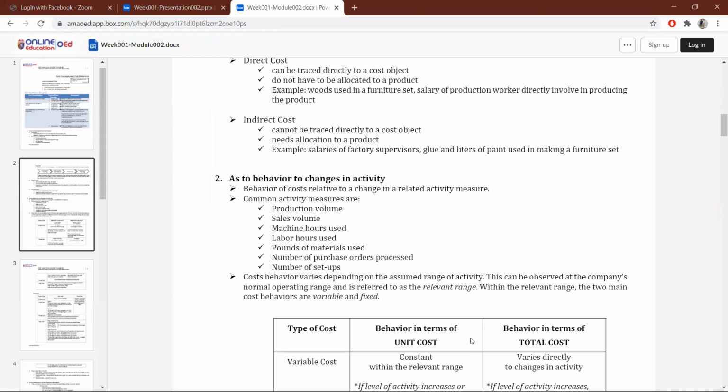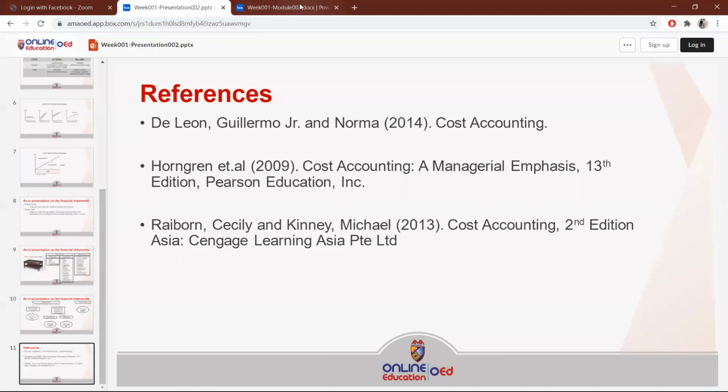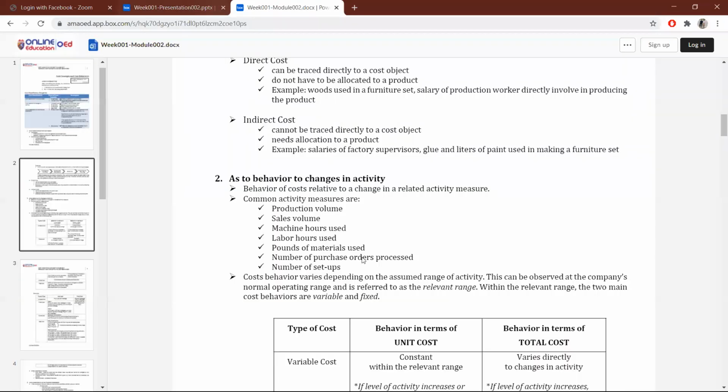Is everything clear? Yes, ma'am. Okay. Very good. Do you have questions before we end the session? None, ma'am. Okay, sige. Kindly read all the handouts. You can also try to answer, but we will do that after our discussion. There are quizzes you can practice.